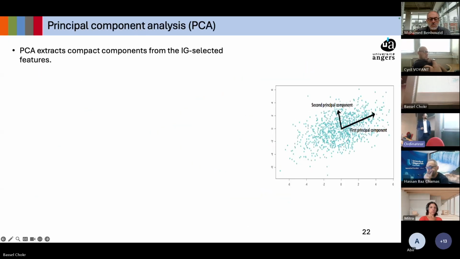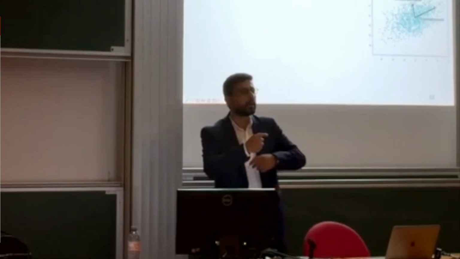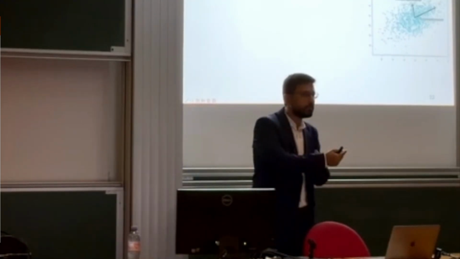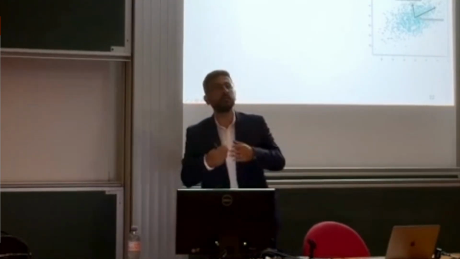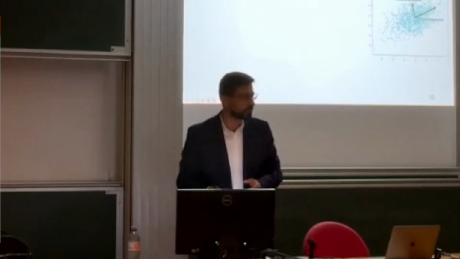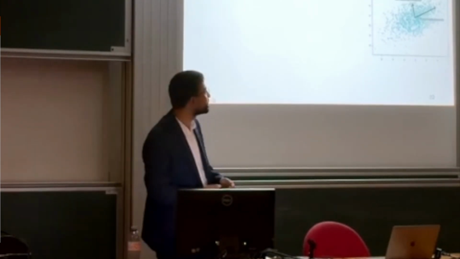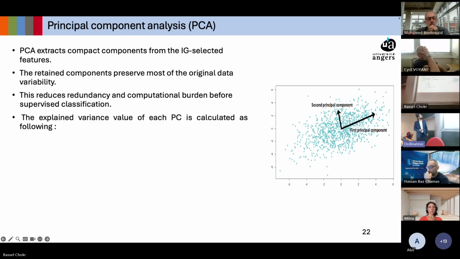Furthermore, in DDRS, we will have feature extraction. After we do feature ranking and feature selection with the filtering method IG, we go to projecting the sub feature set into a new feature space, which is the principal component space, which relies on the explained variance value.